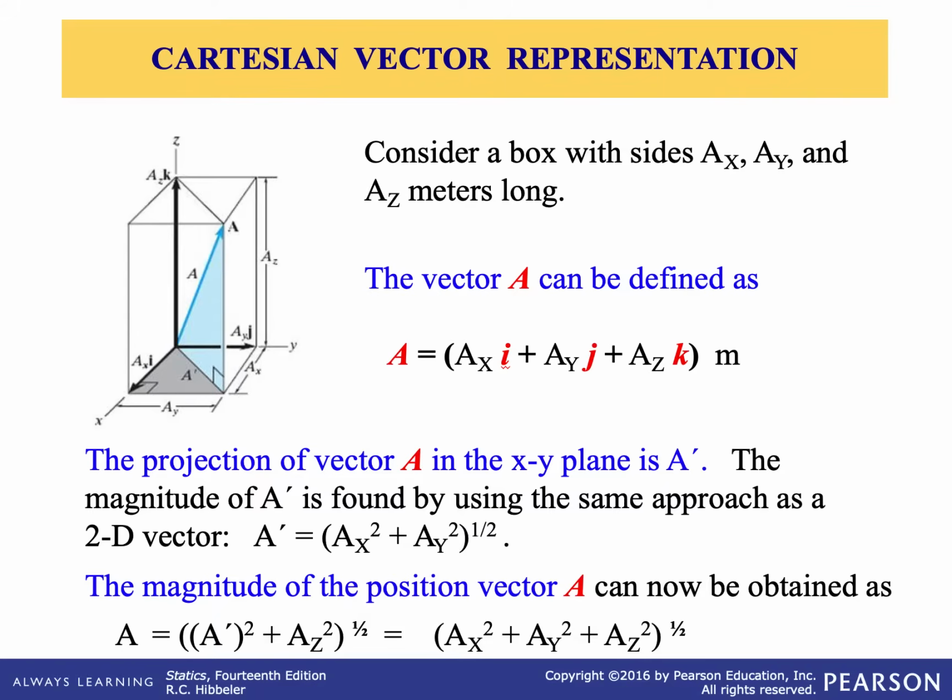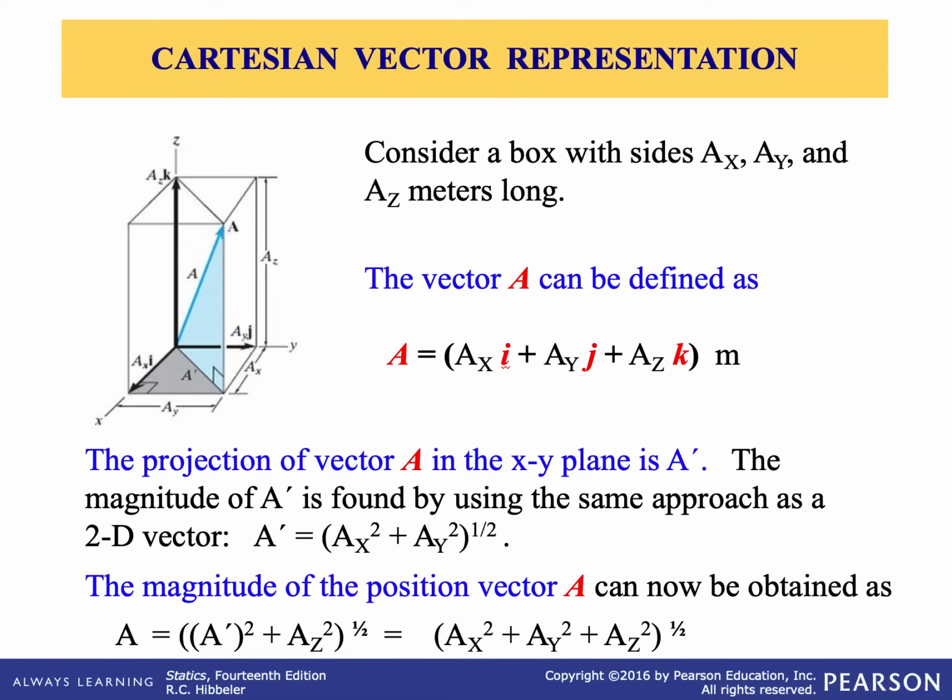So A can be written as Ax i plus Ay j plus Az k, and this is the rectangular Cartesian representation of any vector in 3 dimensions. Separating the magnitudes, which are Ax, Ay, and Az, and the directions i, j, k of each component vector will simplify the operations of vector algebra that we're going to be using.